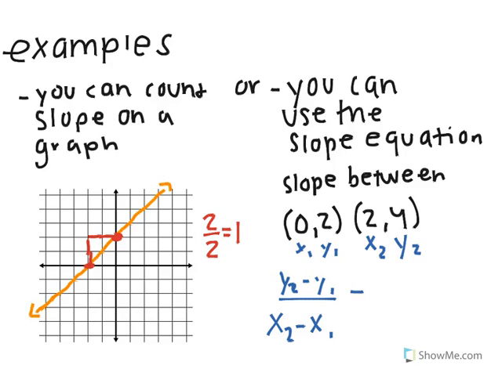And that's going to equal, let's plug it in. So we're going to have 4 minus 2 over 2 minus 0. 4 minus 2 is 2. 2 minus 0 is 2. And that is equal to 1. So they have the same slope.